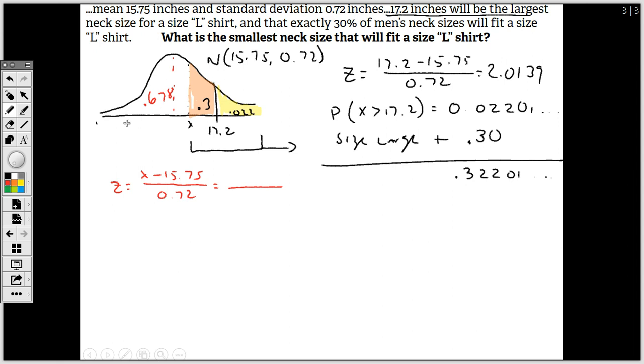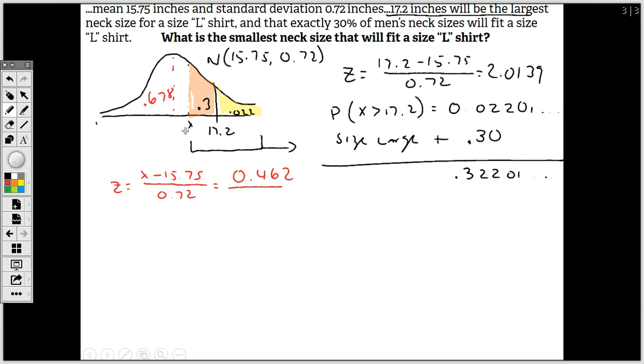So inverse normal with a mean of 0 and a standard deviation of 1, and I'm putting in 0.32201, and I get back 0.462. That's the z-score. That's how many standard deviations away this x is from the mean.